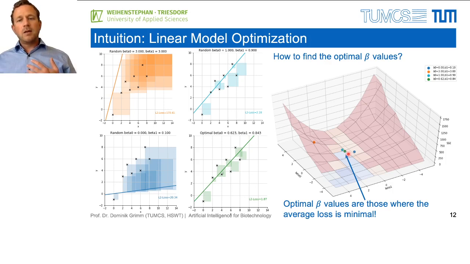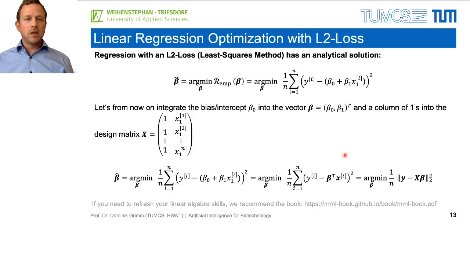When you remember in math, finding the minimum of a parabola requires computing the first derivative and setting it to 0, so that we can say, okay, at this point we have the minimum value. And this we can now also do in matrix notation or with linear algebra. We will go through these derivatives now.